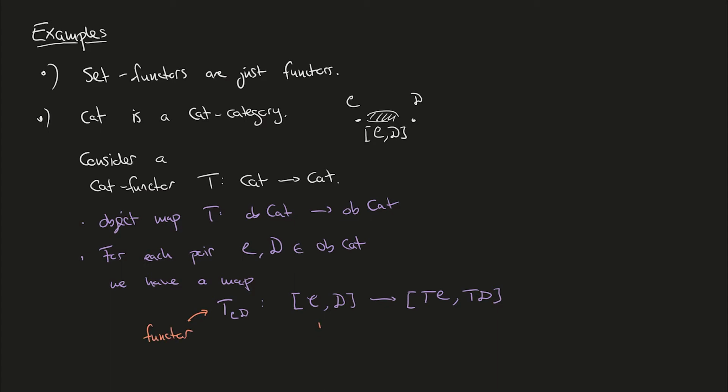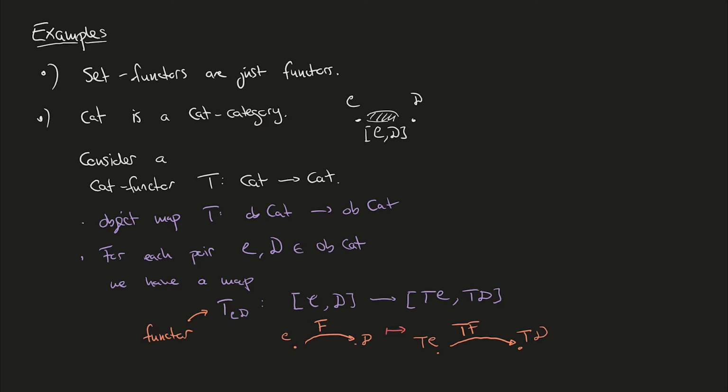So if we have some object in the functor category between C and D, which is just a functor F from C to D, then this gets mapped under this functor TCD to a functor TF, which goes between TC and TD. So this specifies how this functor TCD acts on objects.